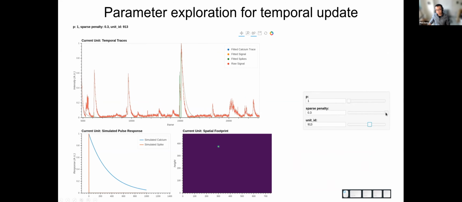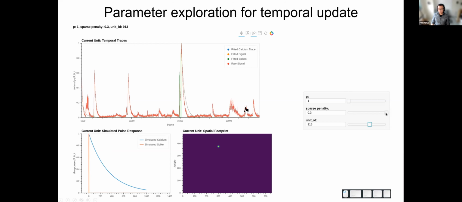But if you go too much, and in this extreme case, you see that it's starting to miss real calcium activities. And again, you don't want that to happen. So again, this visualization helps you to determine a good value for sparse penalty. And you want to use something in between, not too low, not too high. And that will give you a good estimation of calcium and spikes.